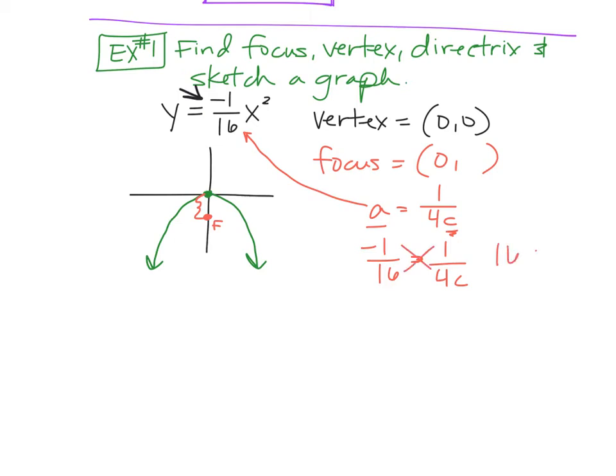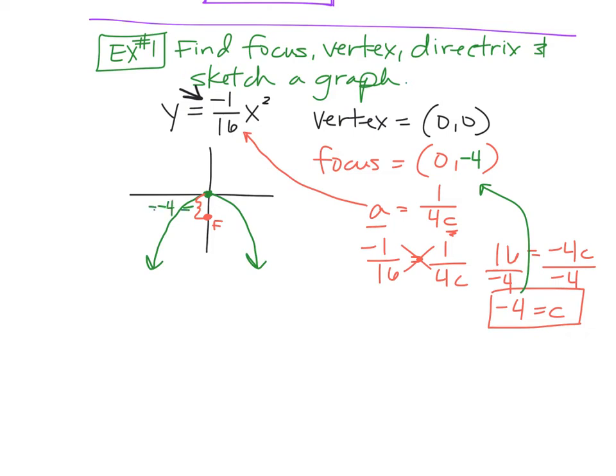So 16 equals -4C, and we divide by -4. So C is -4. That means my focus is 0, -4, and this length here is -4. That's my C. So we have our focus now.